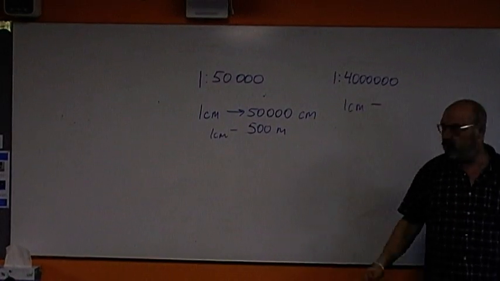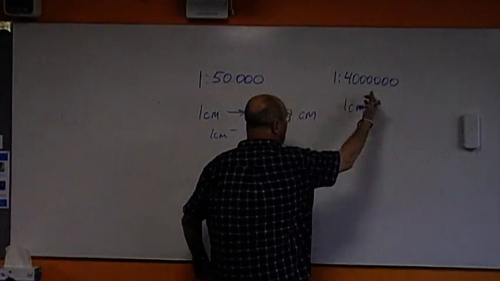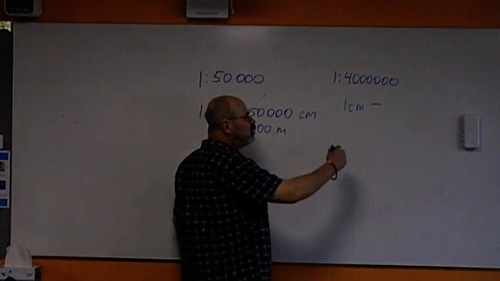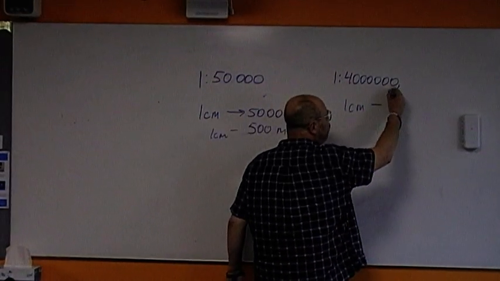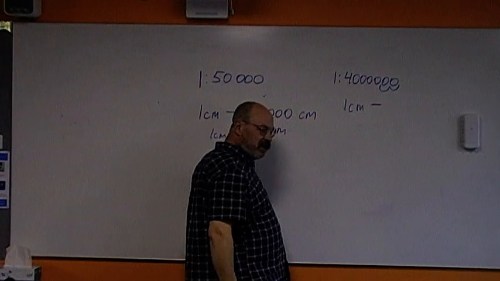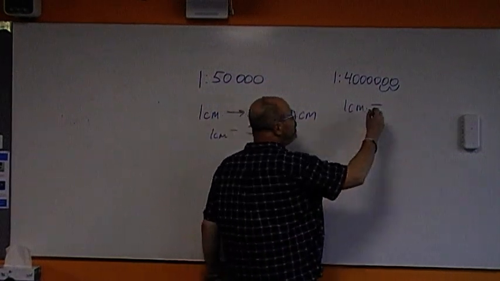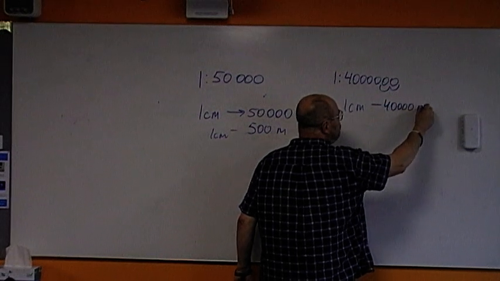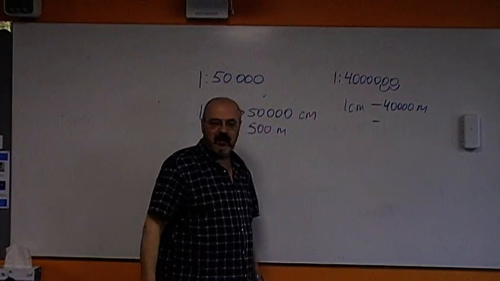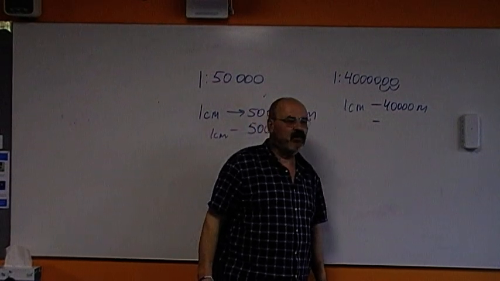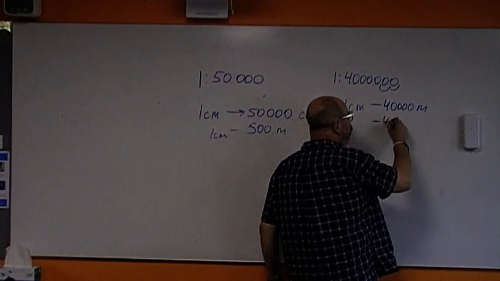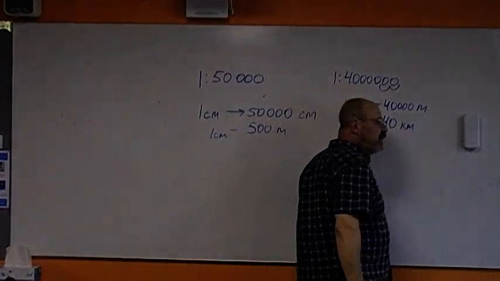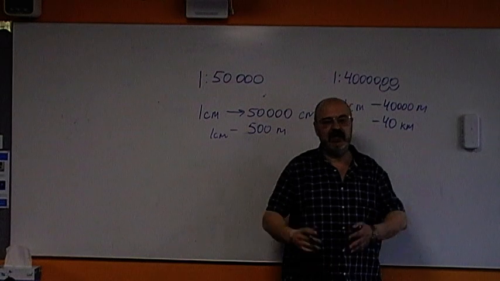How many meters will it be? A meter has 100 centimeters, so 40,000 meters. Or in kilometers, what will it be? 40 kilometers. So 1 centimeter on the map represents 40 kilometers in reality.